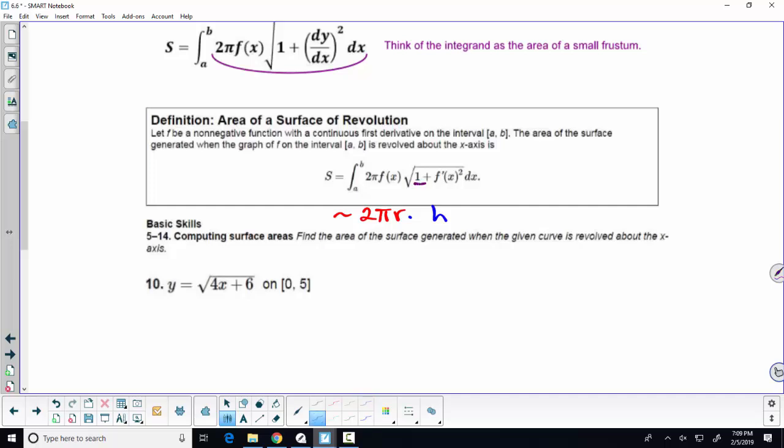All of these problems are constructed so that things work out nicely for you as well. Specifically, this portion where we add 1. When we add 1 to the derivative squared, our derivative squared is typically going to involve a quotient, so it's one thing divided by another thing.